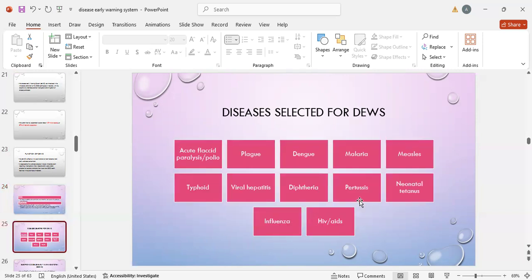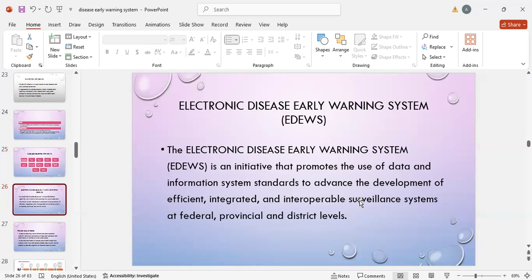Diseases selected for DEWS: acute flaccid paralysis, polio, plague, dengue, malaria, measles, typhoid, viral hepatitis, diphtheria, pertussis, neonatal tetanus, influenza, and HIV/AIDS.